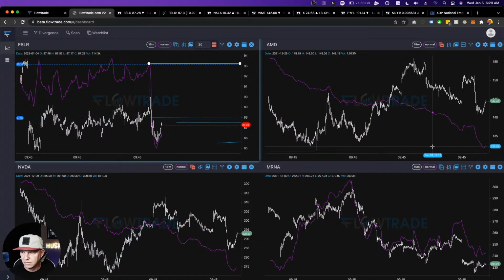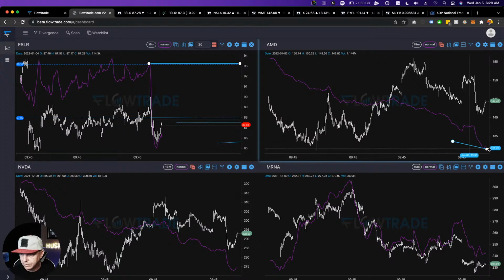It's just trading with price action. I'm really interested to see what's going to happen when the algo is this support? Do we get a true bounce there?